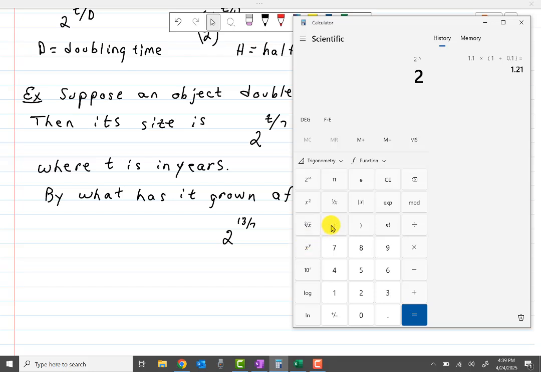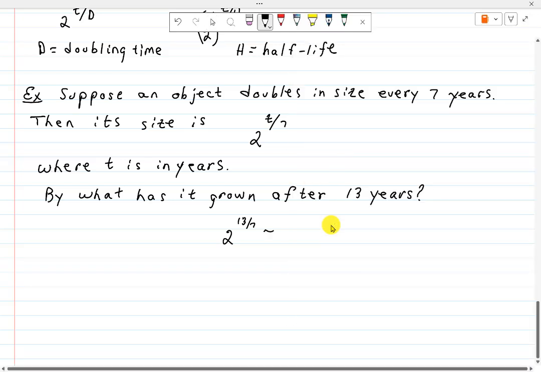My guess is that a parenthesis is going to be the way to do it. So I'm going to start a parenthesis, 13 divided by 7, finish that parenthesis, and hit enter. I was doing some of the homework problems, and I think 3 decimal places will be good enough. So I'm seeing 3.623.